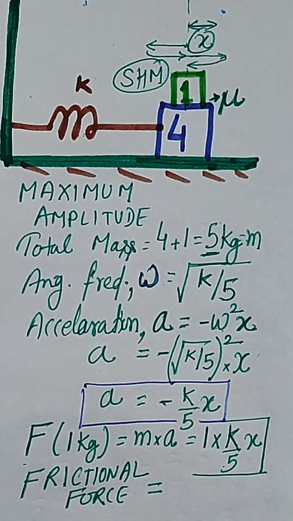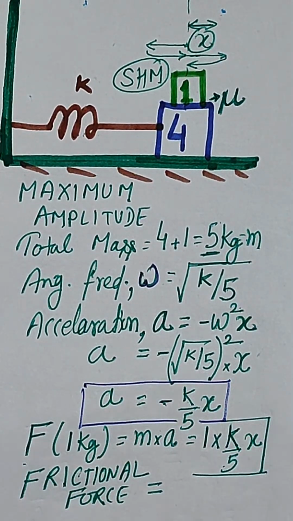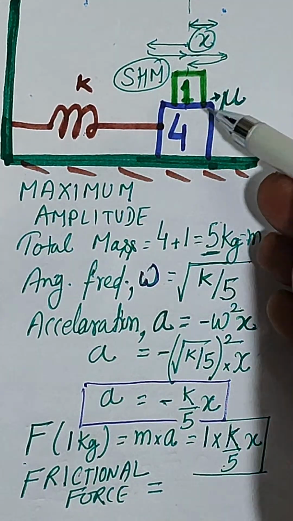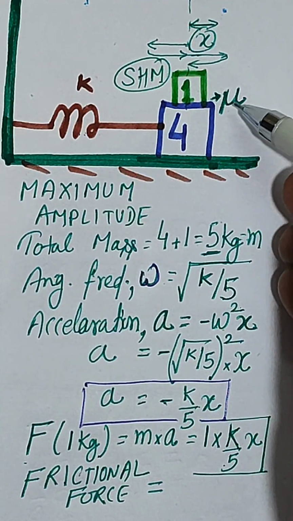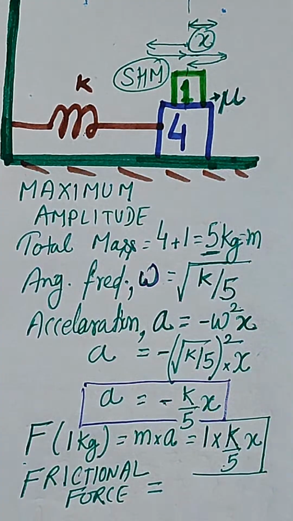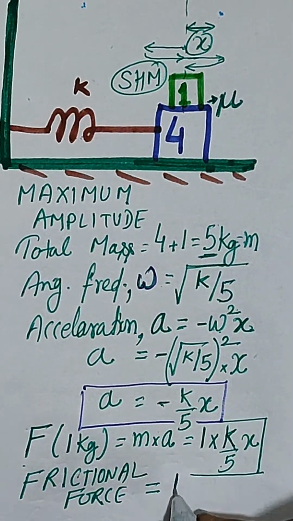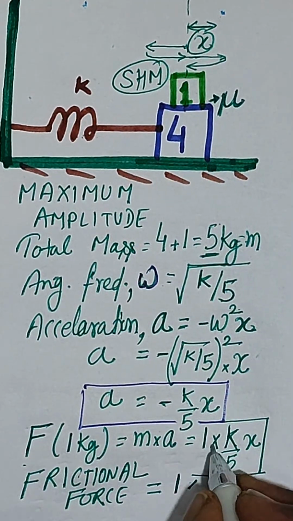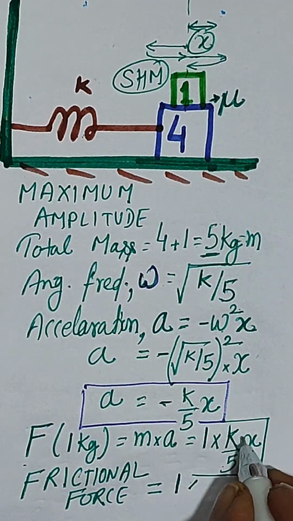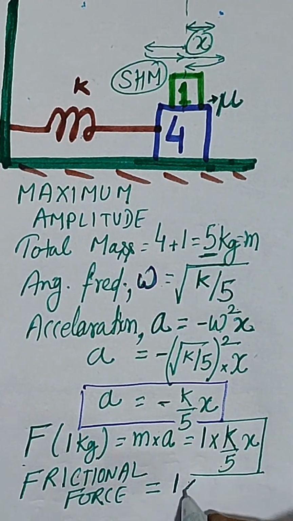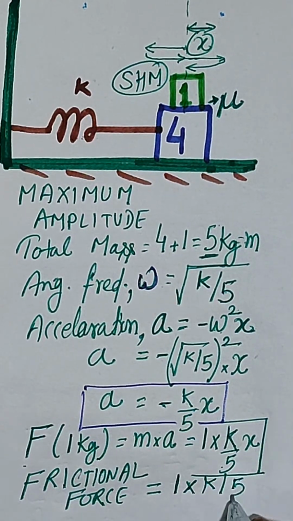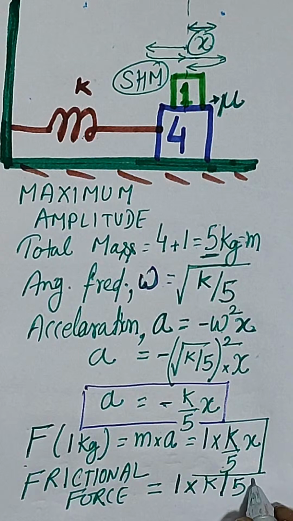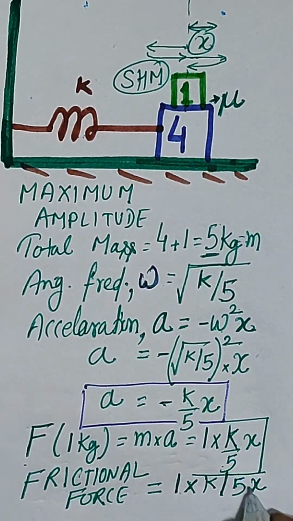The frictional force will be equal to, this force provided by the friction of the lower block due to this mu, and that is equal to 1 into k by 5 x. This is equated with this force.